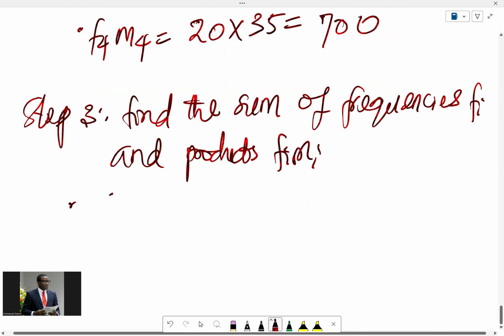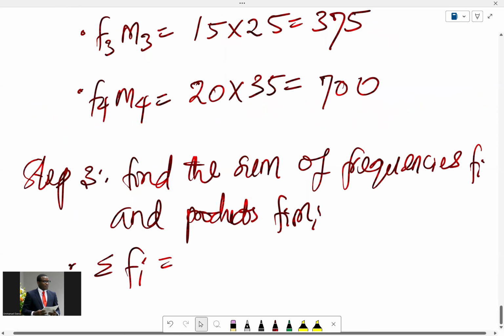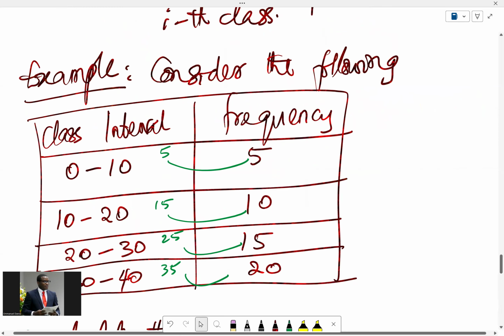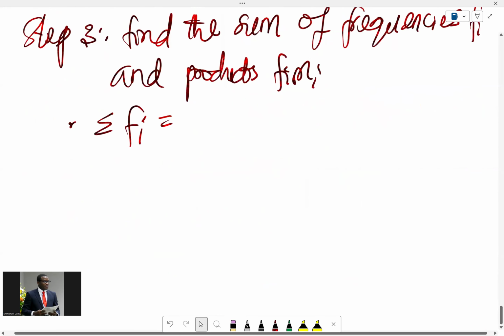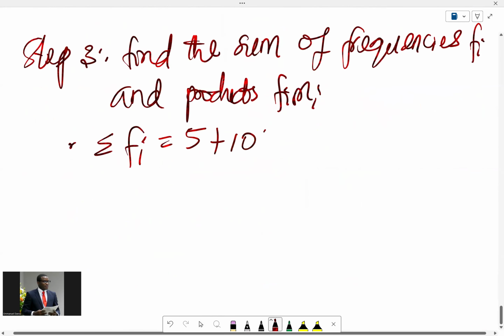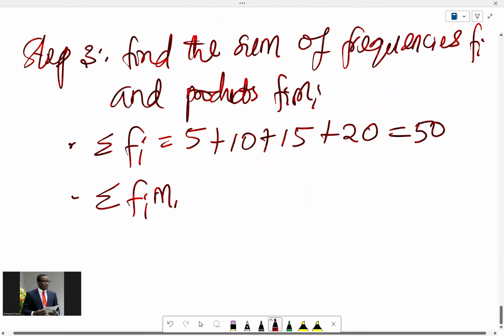The sum of all the frequencies we have is 5, 10, 15, 20, right? So you have 5 plus 10 plus 15 plus 20. 5 plus 10, 15, 15 plus 15, 30 plus 20. That is 50.